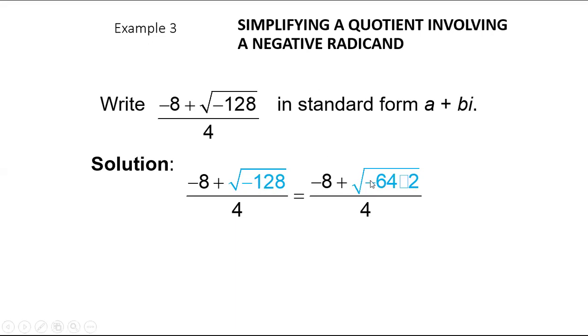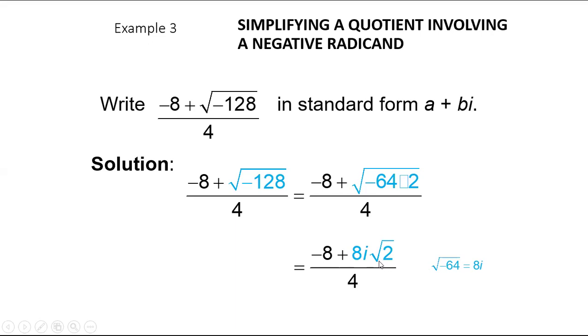The repeated minus sign can also be written in this form. After that, we take the square root of 64, that we know 8 8s are 64. So the minus sign of iota with this factor can also be written as 8 iota square root of 2, which is the further simplification of the square root of minus 128.